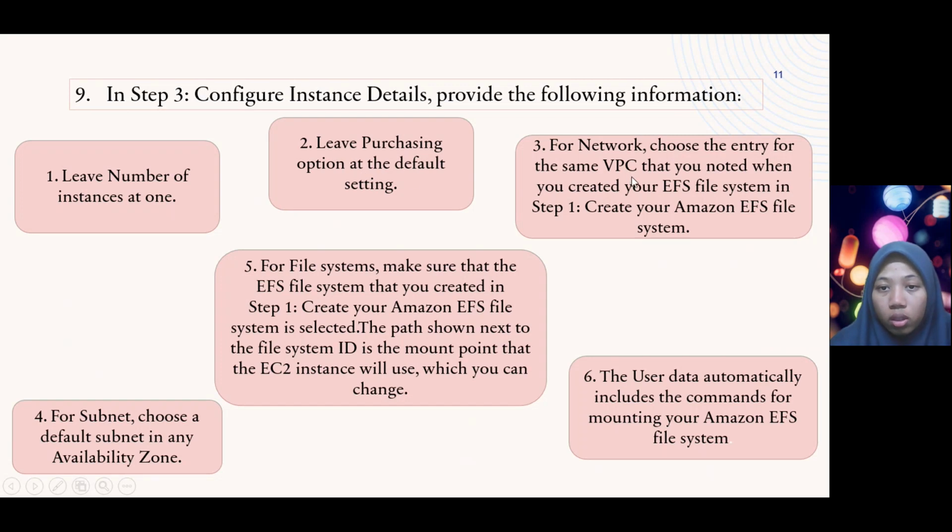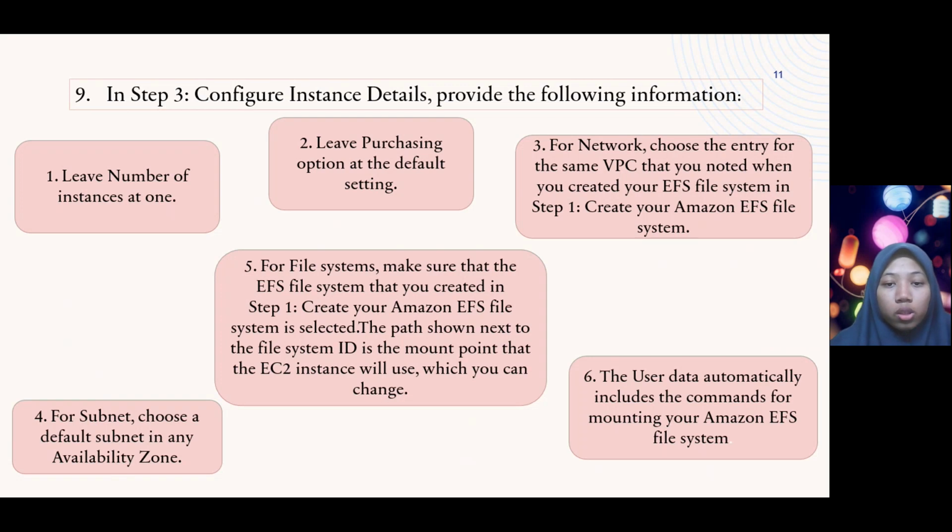For network, choose the entry for the same VPC that you noted when you created your EFS file system in step 1, Create your Amazon EFS file system. For subnet, choose a default subnet in any availability zone.